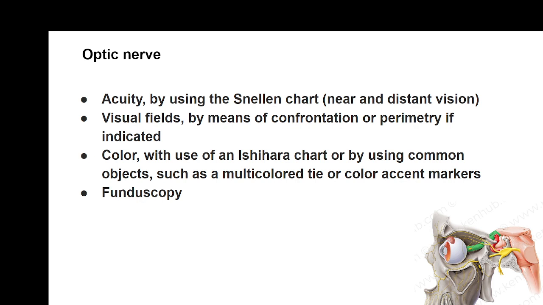It's usually kept at 6 meters distance, and the vision is often named as 6 by 6. If a standard size of font which would otherwise be read at 6 meters can be read by the person at 6 meters distance, then you will note it as 6 by 6. That's normal. 6 by 6 is considered normal in the standardized Snellen chart.